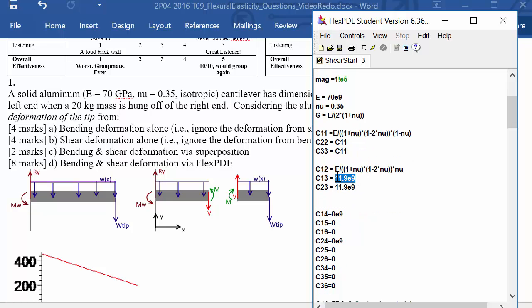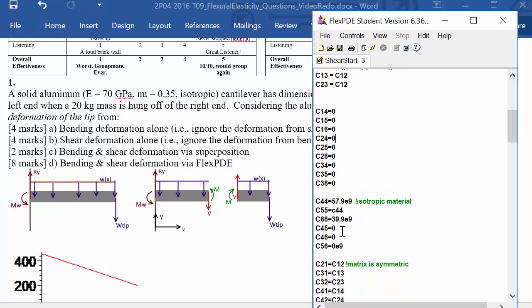And then here, the off-axis are all the same. And these ones are all 0, so we don't need to say 0E9. Let's just say 0. And for C44, we're going to have G. And then same thing here. C44, that's just 0. And yeah, so there we go.